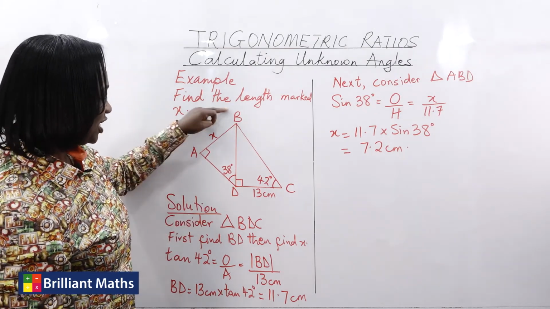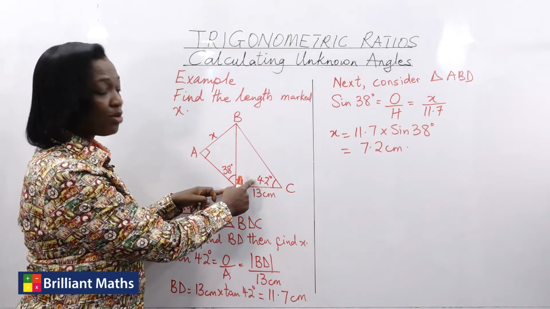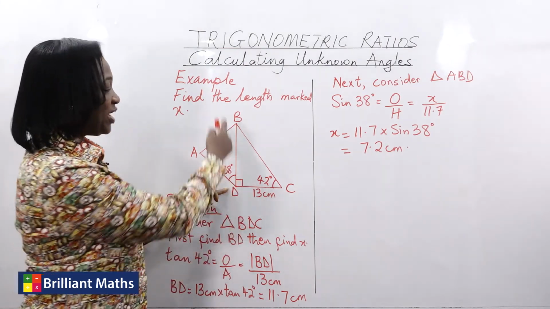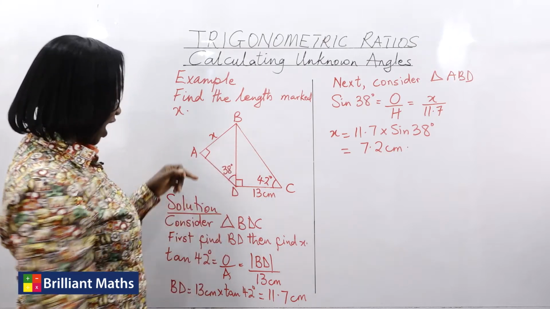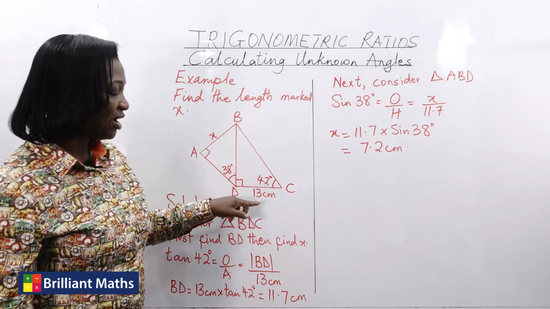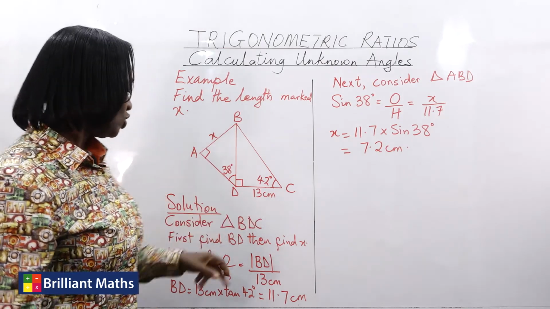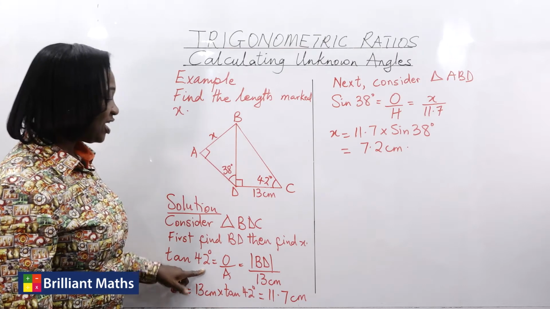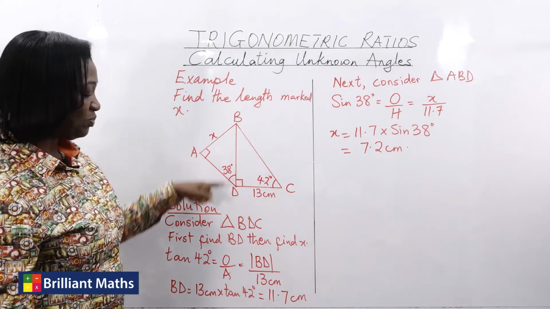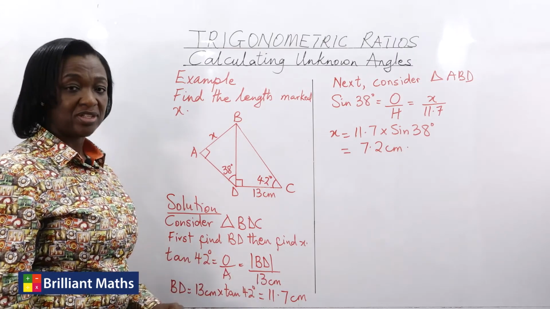First, let's consider triangle BDC. We'll find BD, and to find BD, we have angle 42 degrees, and BD is opposite angle 42 degrees. So we have the opposite and the adjacent, so we'll be using the tan ratio. So tan 42 degrees is equal to the opposite, which is BD, over the adjacent, which is 13 centimeters.